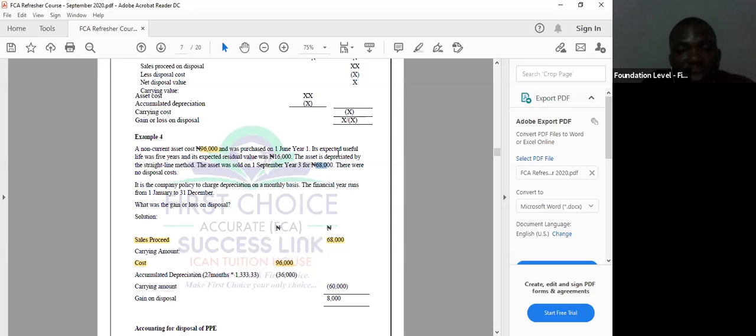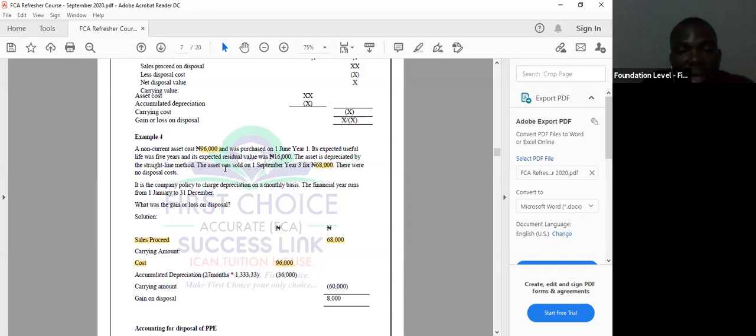So the next one is for us to get the accumulated depreciation. Now, the expected useful life is 5 years, and we purchased on 1st July year 1. The residual value is 16,000 and we are expected to use the straight line method.